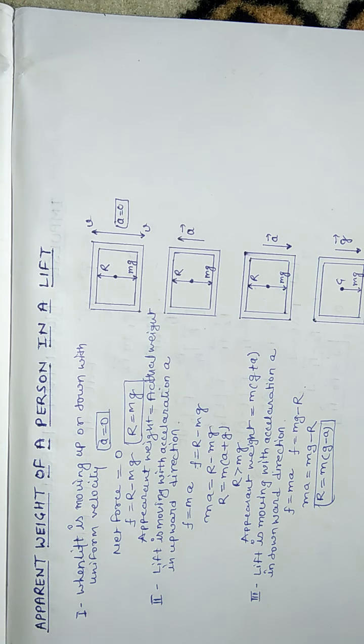So in this case the man feels that his weight has decreased. Means as the lift moves down, the apparent weight of the man inside the lift will be less than the actual weight.